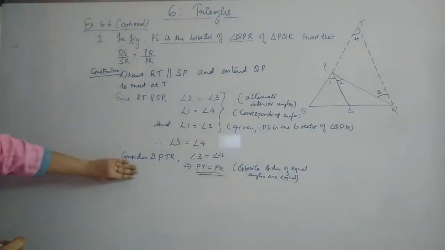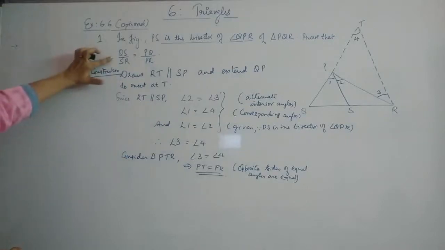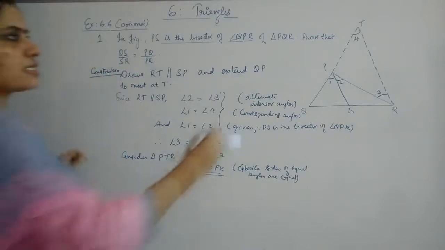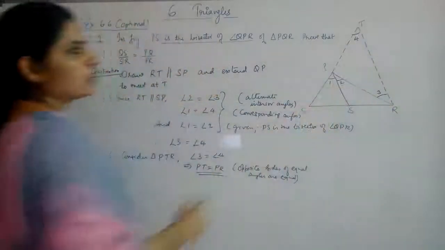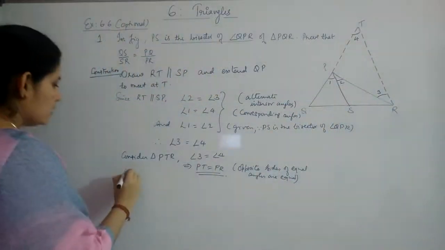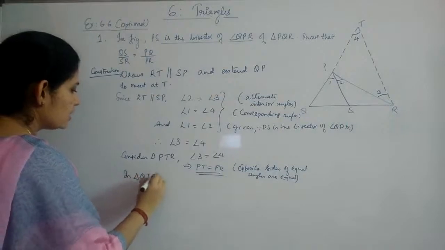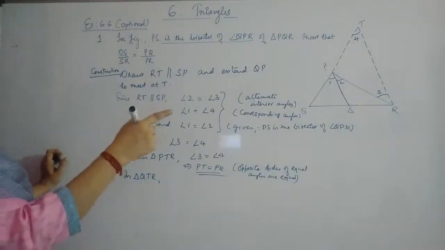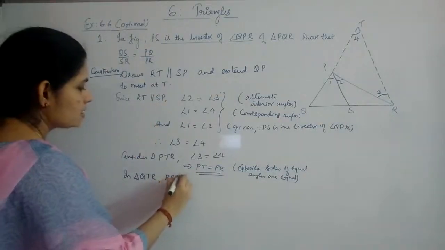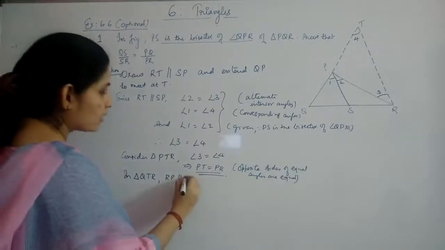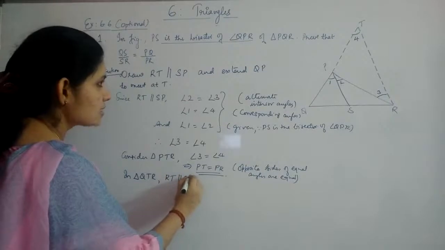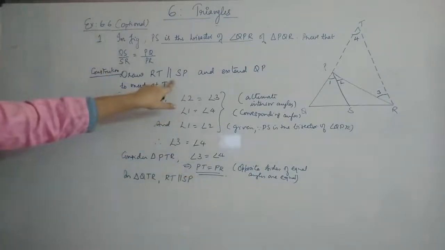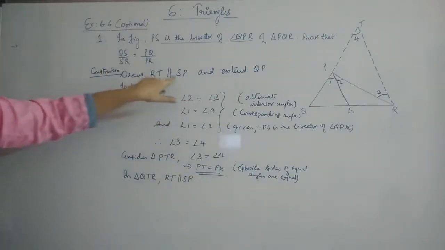Now we are just moving on to the concept. We need this fraction. For that we are considering the whole triangle, that is your QTR. Okay, in triangle QTR, RT is parallel to SP, right? This we have already taken in the construction part.